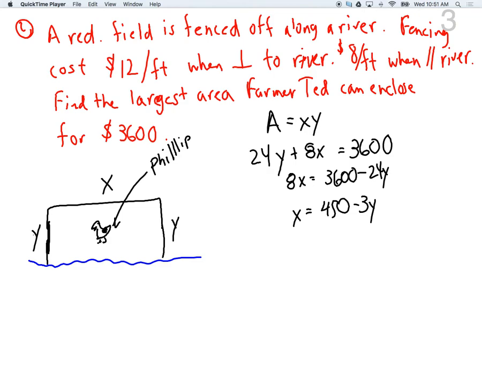Okay, now I'm going to get all fancy again. The area function in terms of y will become y times 450 minus 3y, which is the same thing as negative 3... Where'd you get the extra y?